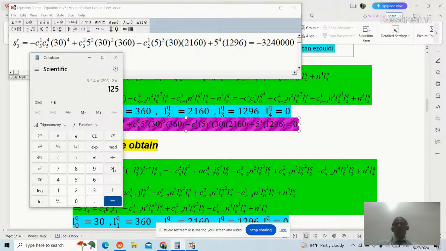Multiply by 30, multiply by 2160, which is 2160.